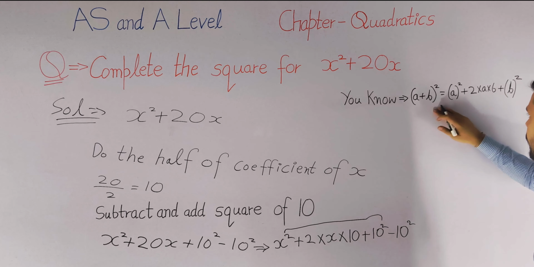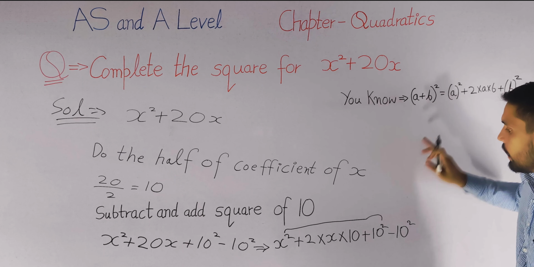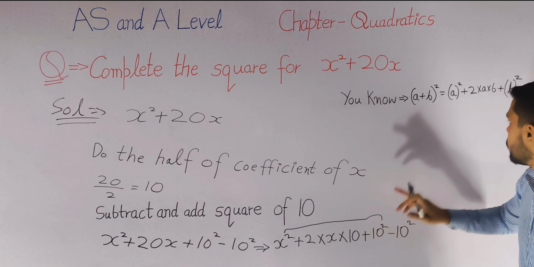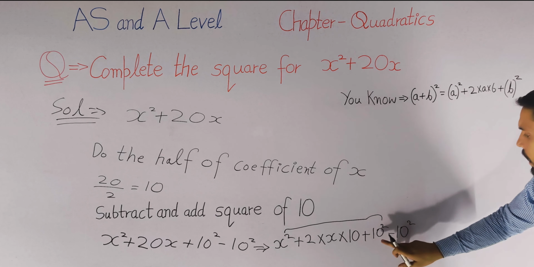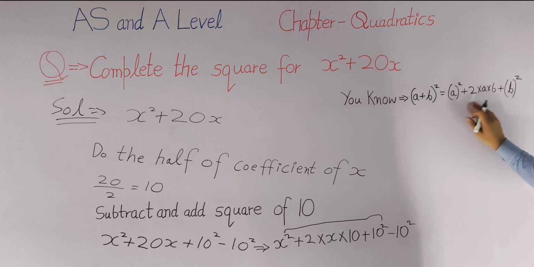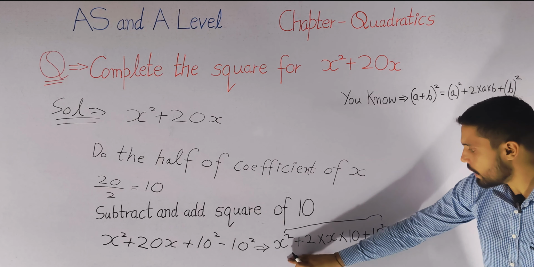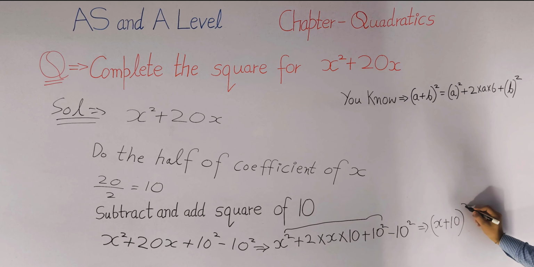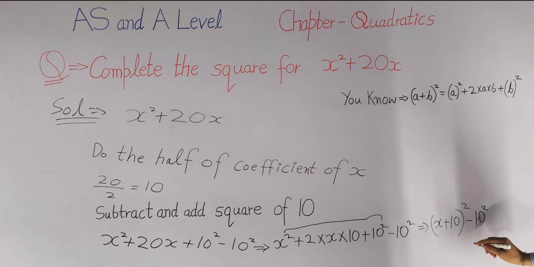If you compare this identity with this expression, you will find that here we have a, here we have x, and here we have b, here we have 10. If you write this expression as (a plus b) whole square, you can write it as (x plus 10) whole square and write negative 10 square as it is. This is your final answer.